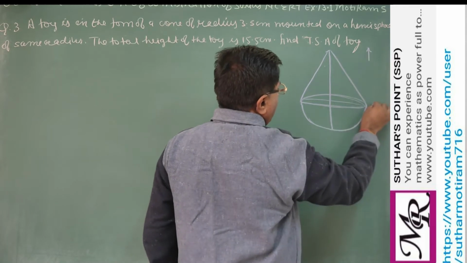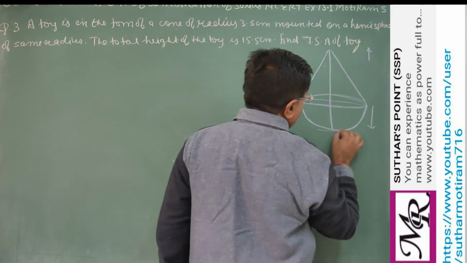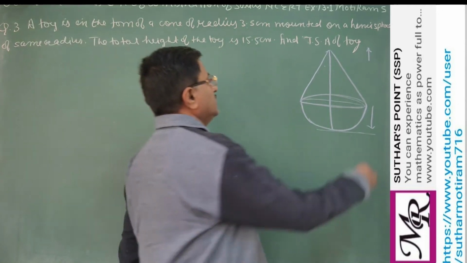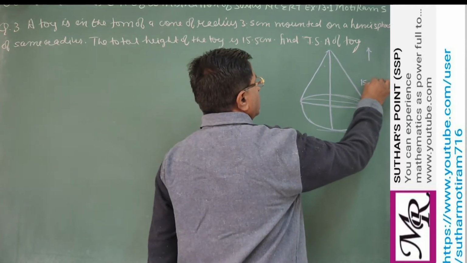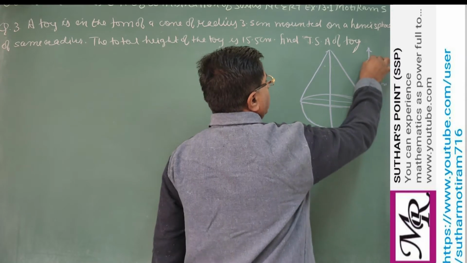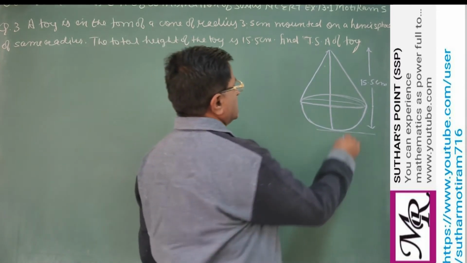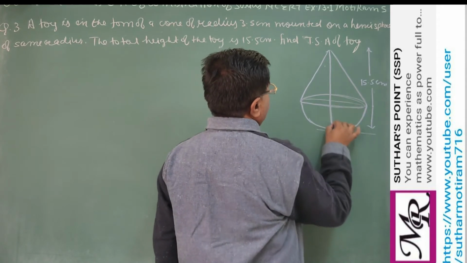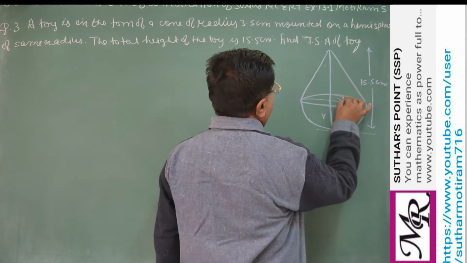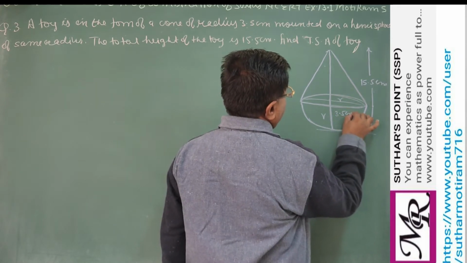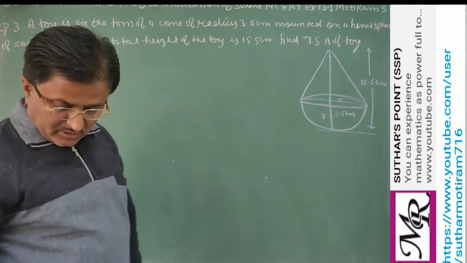So dear student, we are given the total height of the toy, 15.5 centimeter, and this radius R is given as 3.5 centimeter. Very easy question.